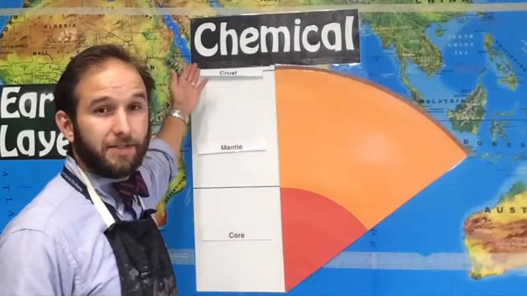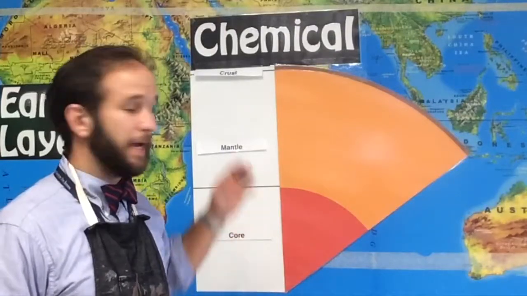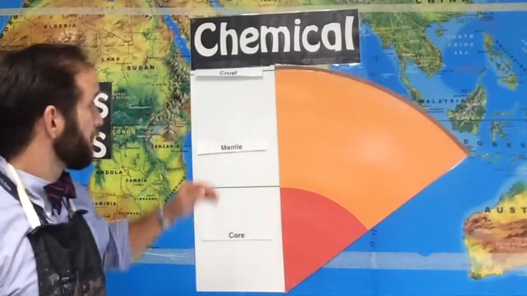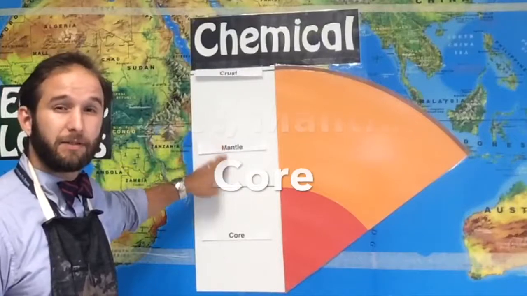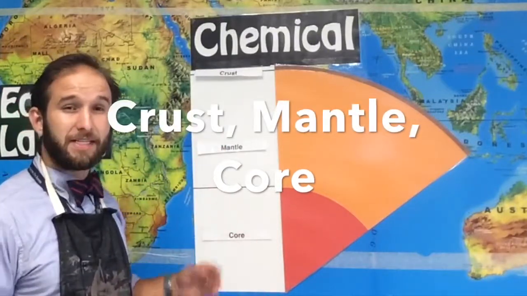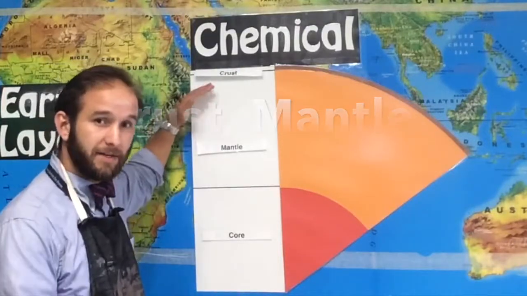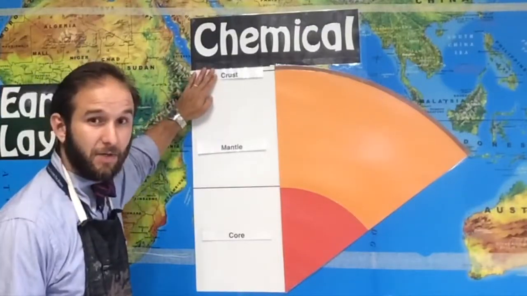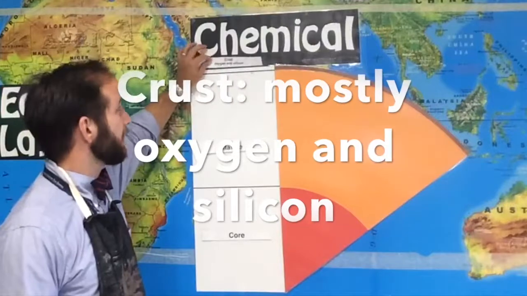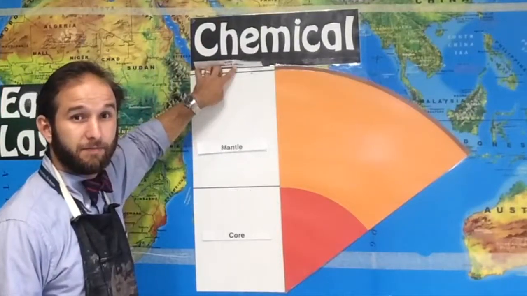The chemical layers are easier to remember by name. So we just have the crust, the mantle, and the core. These layers are what they're chemically made of. That is the distinction between layers. So the crust has its own composition, mostly oxygen and silicon.